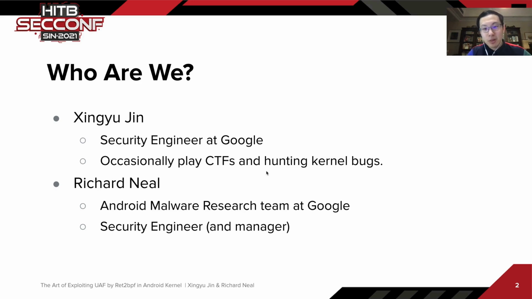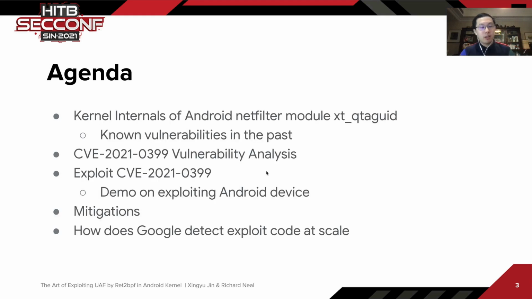So today we would like to present a deep dive into a specific Android kernel vulnerability discovered this year. More specifically, it's a use-after-free bug that has existed in the Android common kernel for years. Here's our agenda. We will introduce the internals of the affected kernel module in the Android common kernel, including the past vulnerabilities, and then analyze the use-after-free bug CVE-2021-0399.